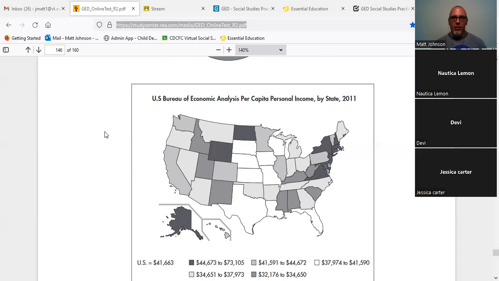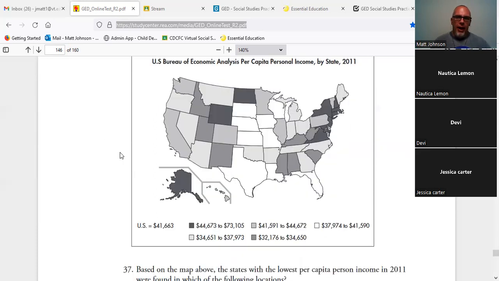So what that all means is basically per individual across the United States, there's an average income per capita per state. This is showing you per state what the average income is. So per capita refers to each state.